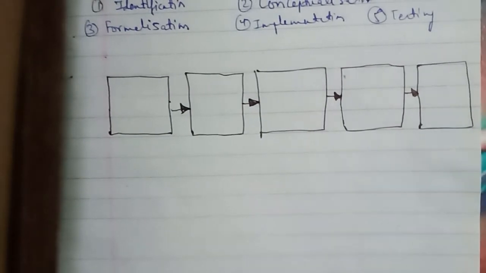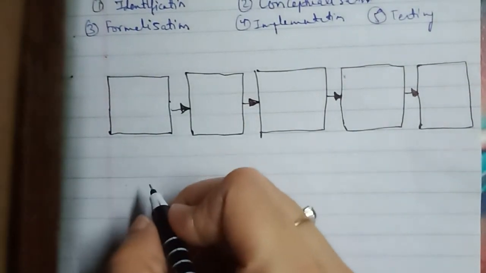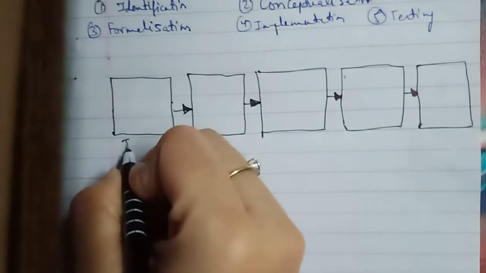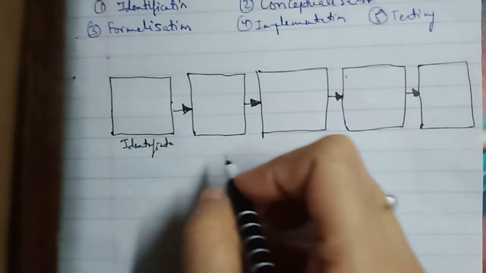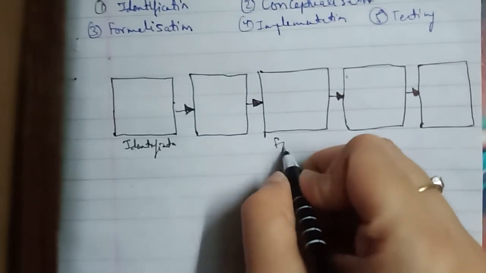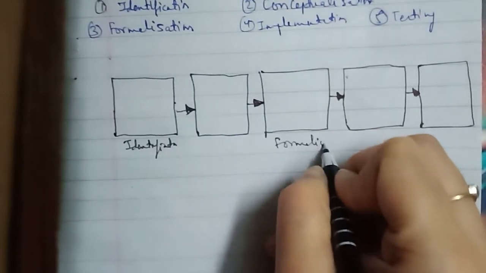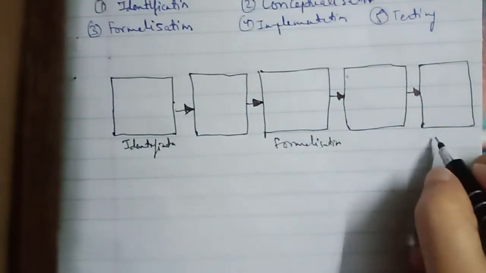So here this is the representation, and this is identification, this is formalization, and this is testing.